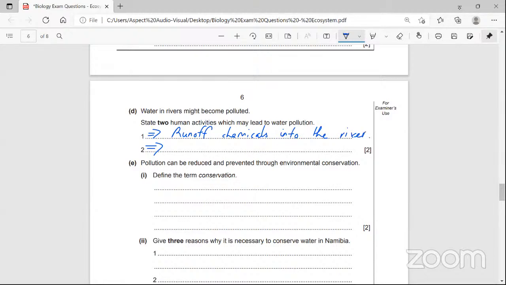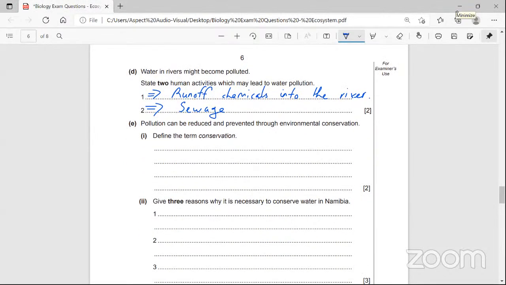Sewage, huh? Sewage. Yes. Come again? Dumping of plastics into the river. Yeah, you can. Oil spills, yes, that's correct.